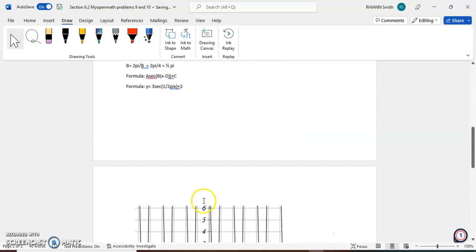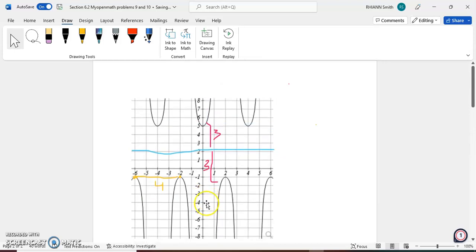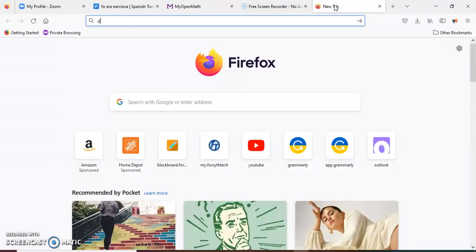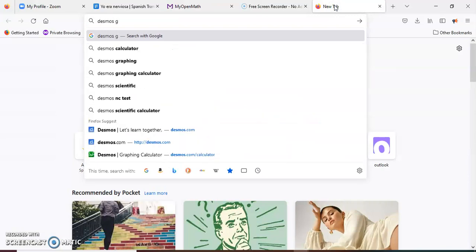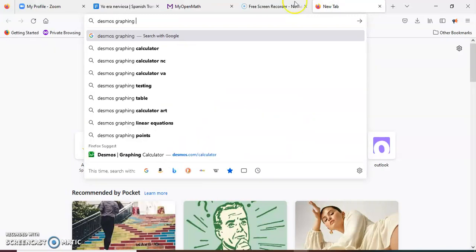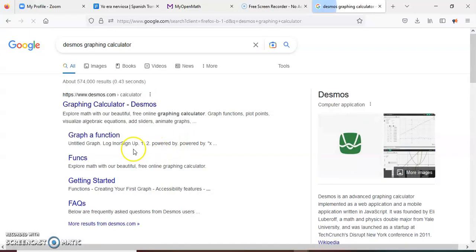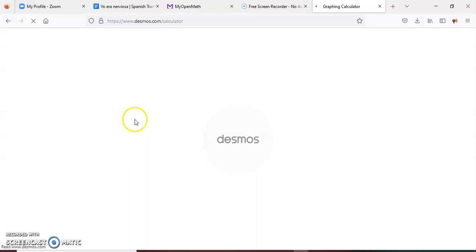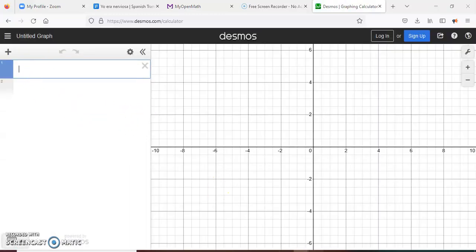And of course, you can always check your answers on Desmos. Of course, you already know how to get to Desmos, the graphing calculator. We can go to here. It's loading, okay.